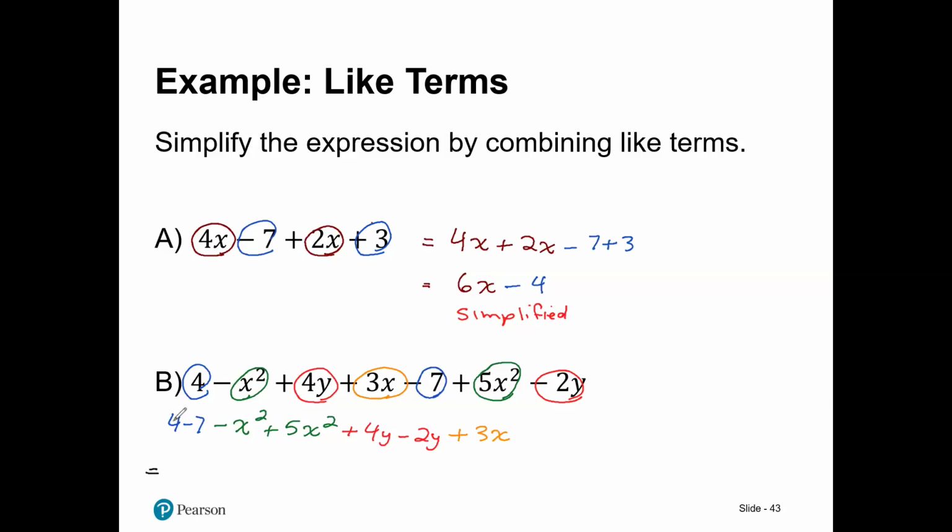In the end, we have 4 plus -7, which is negative 3. Negative x squared plus 5x squared means I have a total of 4x squared. 4y minus 2y, if I count all my y's, I have 2y's. And then we have the plus 3x.